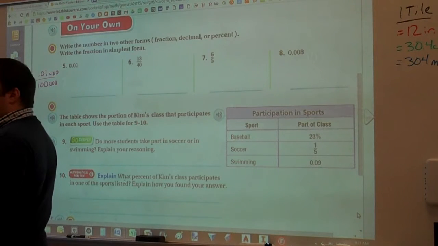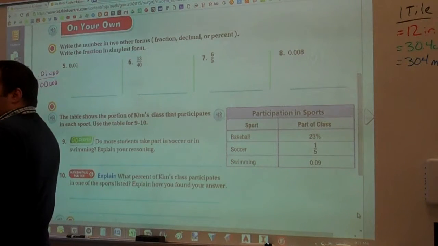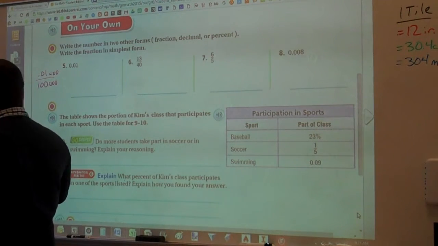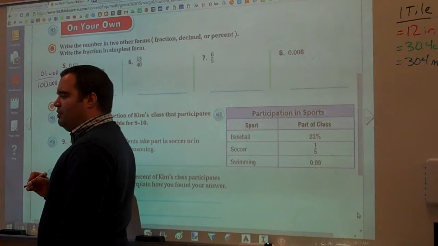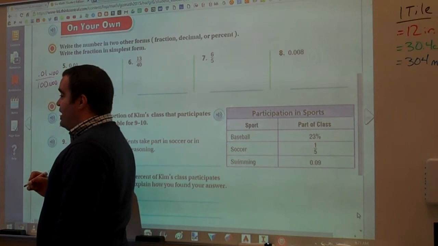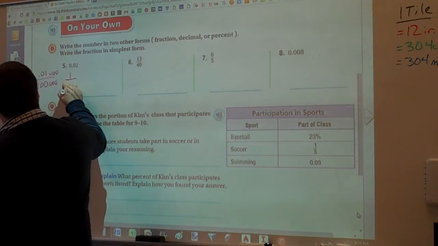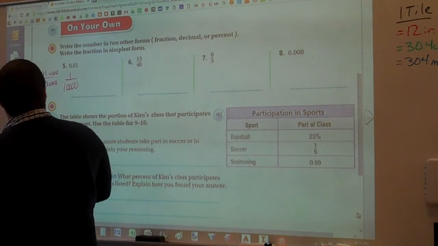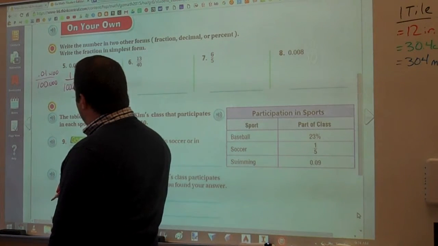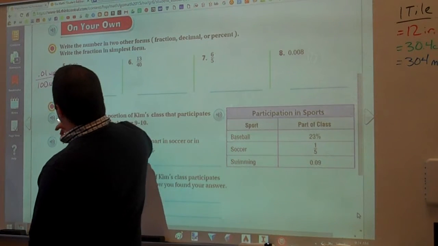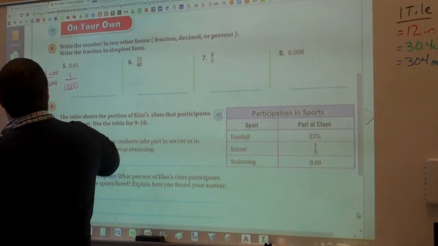That becomes 1 over, what's 100 times 100? 10,000. So whatever place it is and behind it, you have to multiply it by. No, not 1 over 10,000.